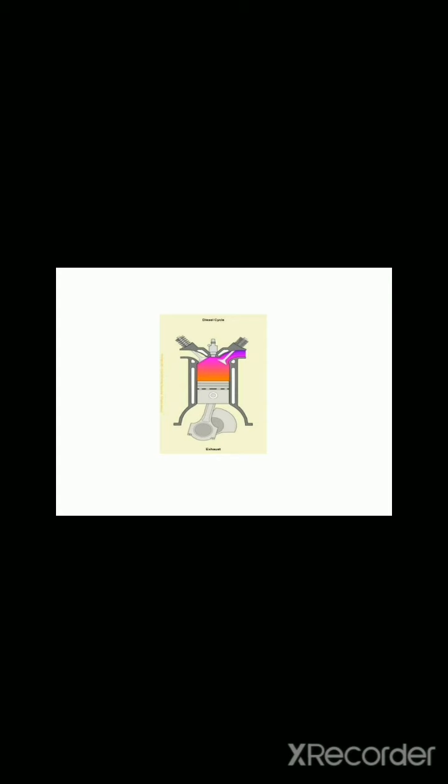This needs to be as complete a process as possible, as any remaining gases displace an equivalent volume of the new charged air and lead to a reduction in the maximum possible power. This picture shows the exhaust in the diesel cycle, where the fuel is shown in the colored part.